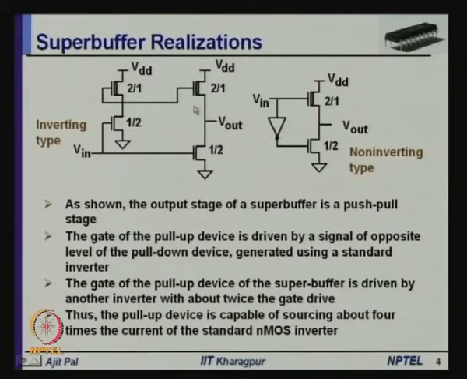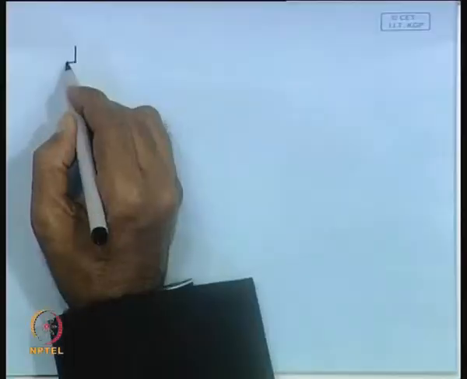These 2 transistors are driven in such a way that the pull up device is driven by the output of this inverter, and the pull down device is driven directly by the input. What is the benefit that we get from here? Let me redraw the circuit to explain its operation.